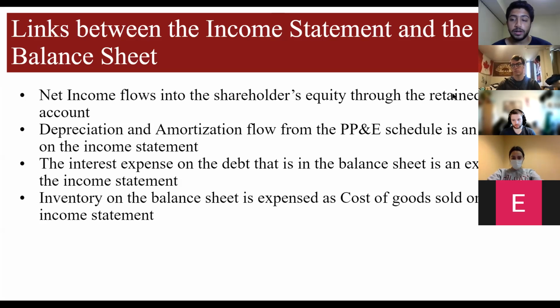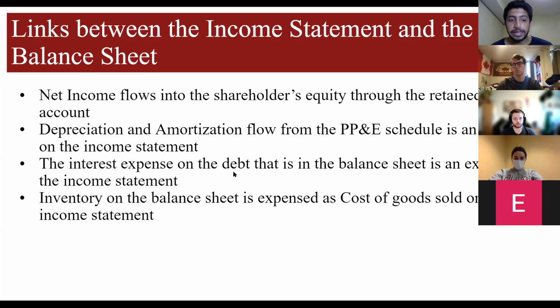Could anyone tell me where PP&E is on the balance sheet exactly? Yeah, you can go ahead and unmute yourself. Is it under non-current assets? Absolutely, yeah, perfect. So it's a long-term asset, so it goes under the non-current assets account on the balance sheet.